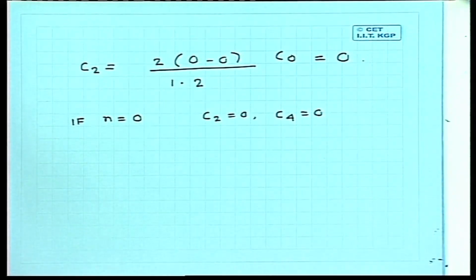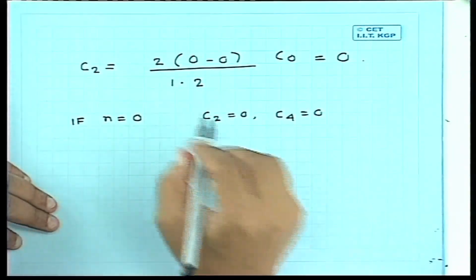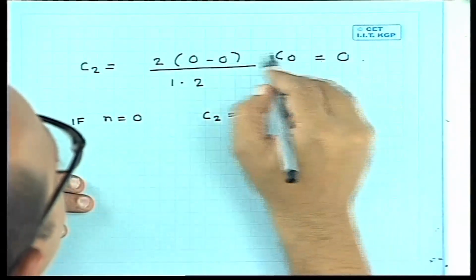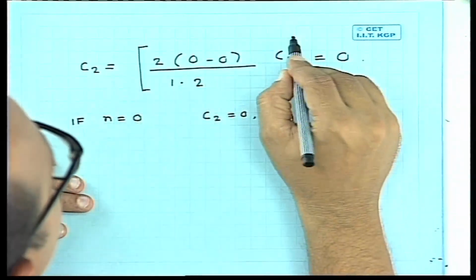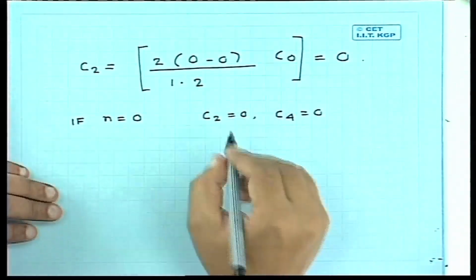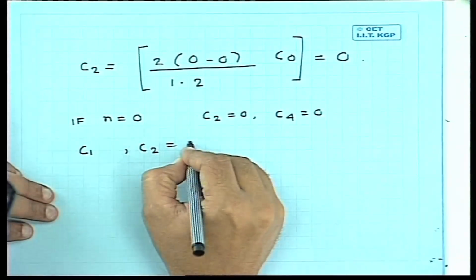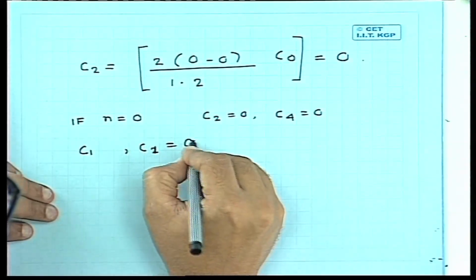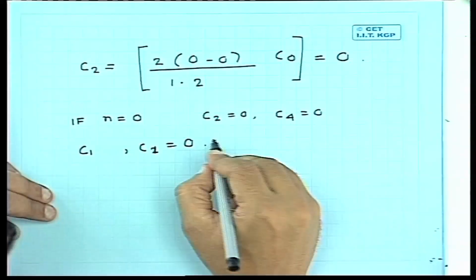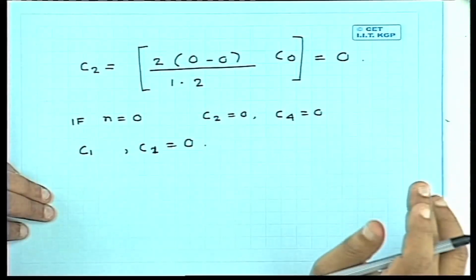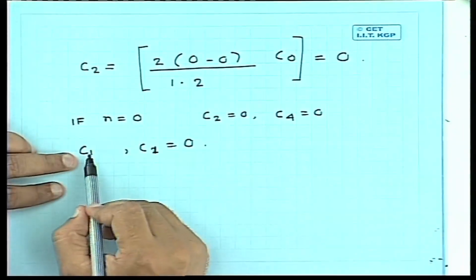So suppose we choose C0 to be 1 or some number and C1 to be 0. Then we have a situation where C2 is equal to 0, and this implies that all the other coefficients are 0.